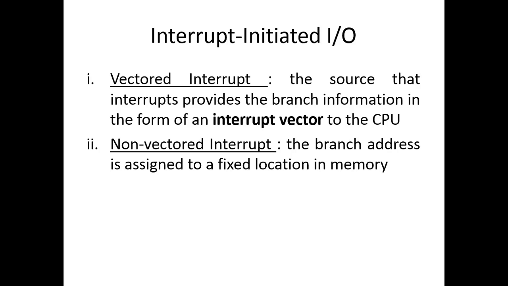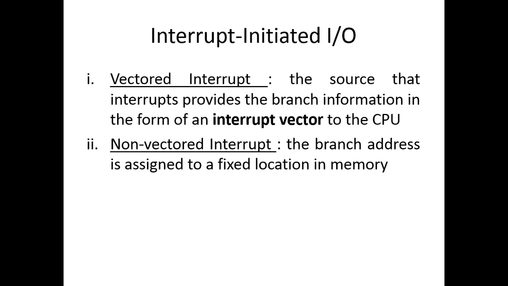This information is provided in the form of an interrupt vector, and that's why this method is called vectored interrupt. So here the CPU is not required to determine any address because the I/O device that interrupts the CPU also provides the required branch information.